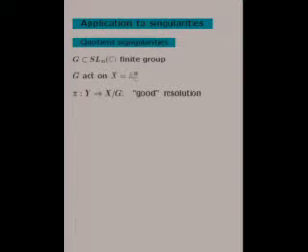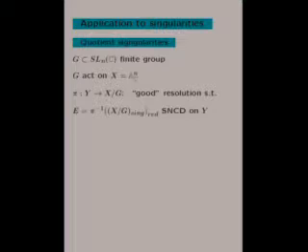And then we look at the exceptional divisor, which we assume is a simple normal crossing divisor. So this is the singular locus of this quotient, and we take the inverse image by this resolution map, and we take the reduced part.